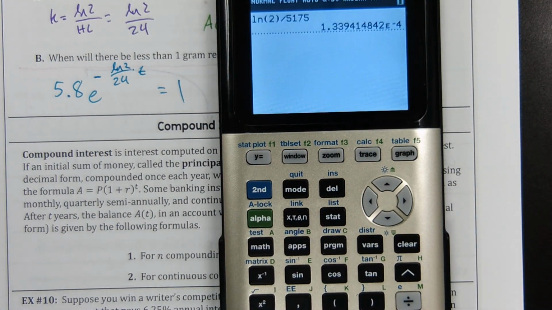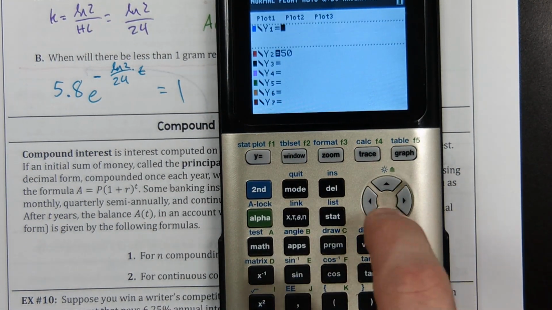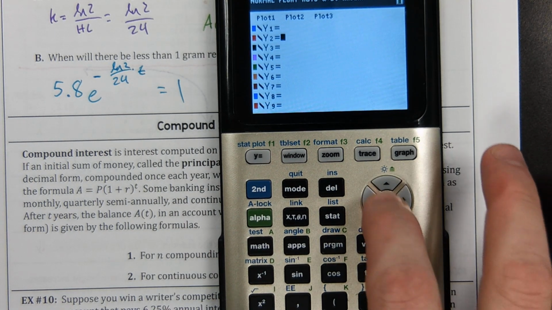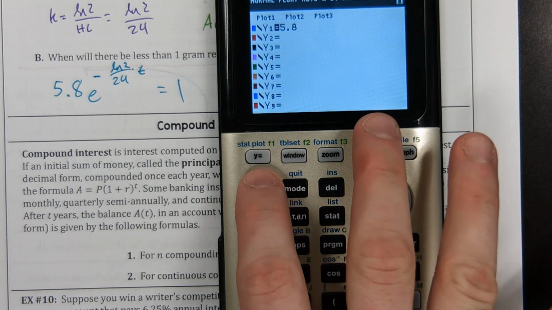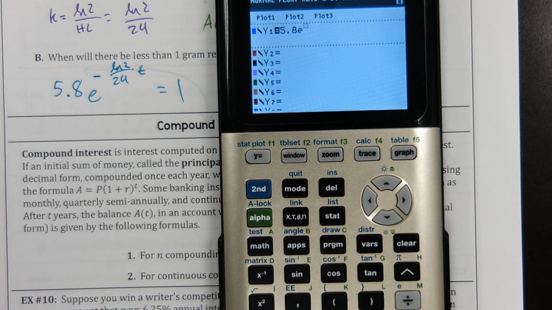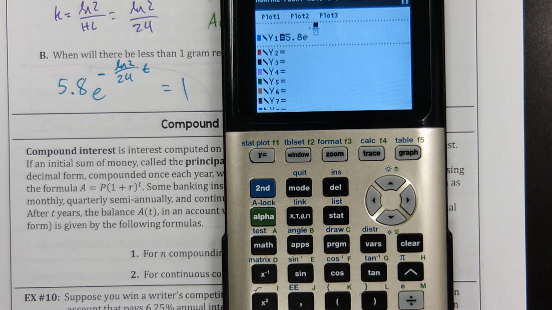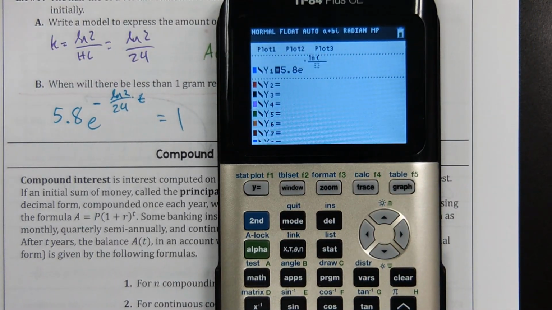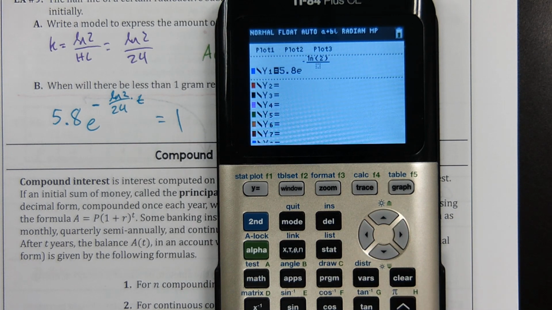Turn my calculator on, y equals, I can clear that out now. 5.8 second e to the negative. I'm going to use a stack fraction, alpha y equals. If you don't have the ability to use stack fractions, put your ln 2 over 24 in its own set of parentheses. ln is on the bottom left-hand side, right above store. ln 2 over what?